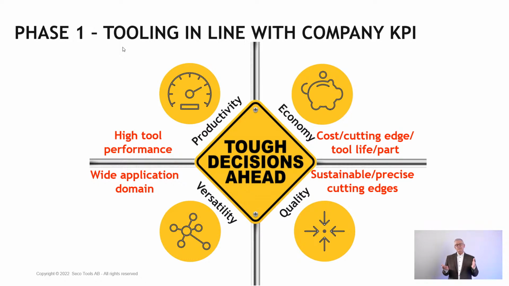Let me say it like this: if you have a milling job to do, and you recognize on a workpiece two applications, two operations. One is face milling, the other one is square shoulder milling. Well, if you do tool selection from, for instance, a high tool performance perspective, for the face milling operation you select the face milling cutter, and for the square shoulder milling you select the square shoulder milling cutter.